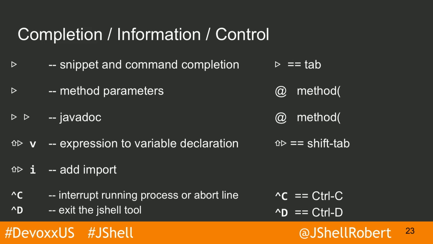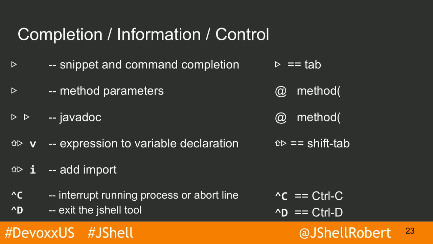Now, I know people are asking, well, why don't you add a var command? A lot of the REPLs have that. Once again, we're not changing anything here, but this is probably as good. If you've written an expression and you type Shift-Tab-V, it will turn that expression into a variable declaration.